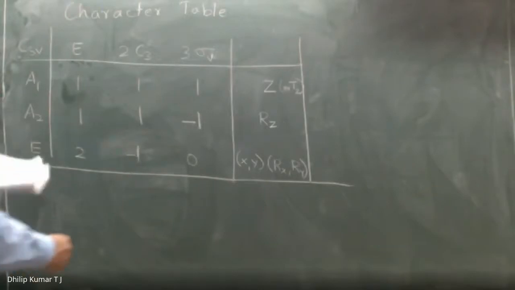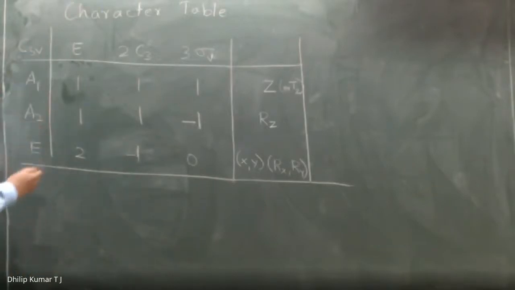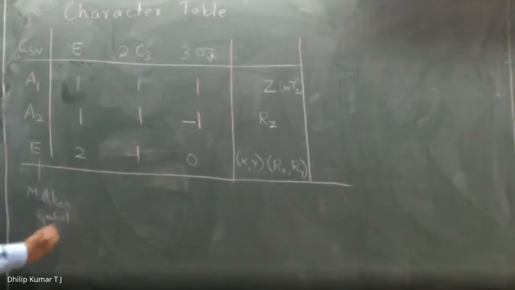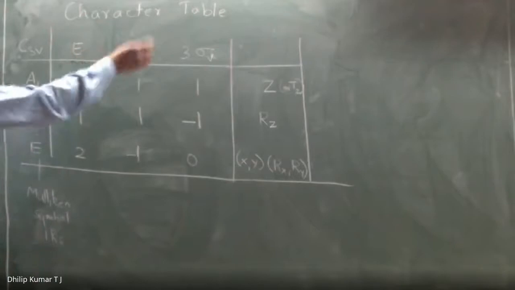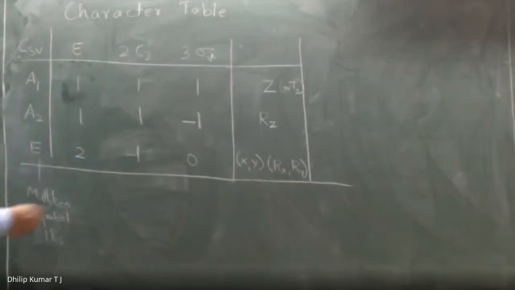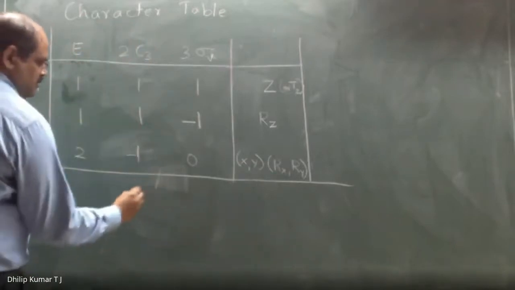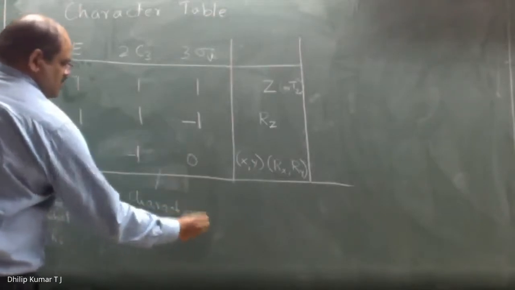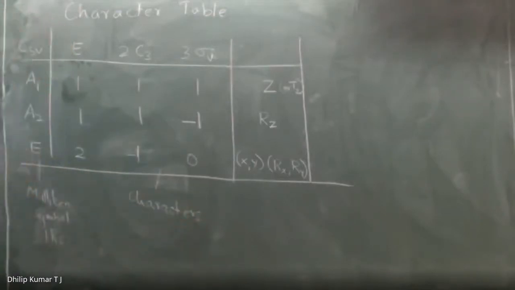As you know, the first column is the Mulliken symbols of the IRs. This I don't have to tell, you know this. And then these are the various characters of this representation. So 2 under E means it's a 2-dimensional matrix. That's why it is written.